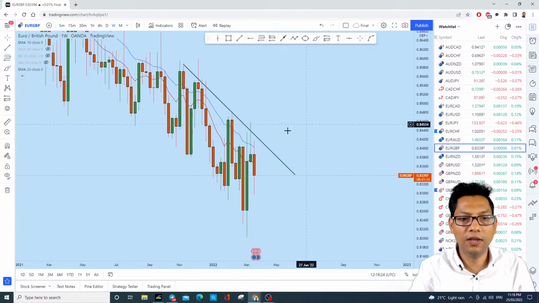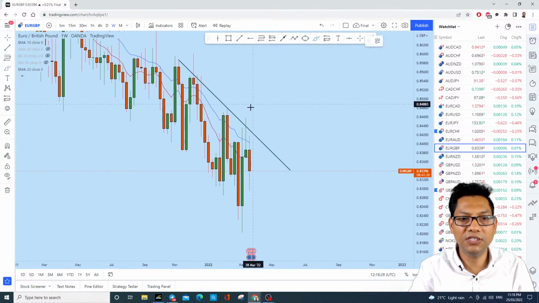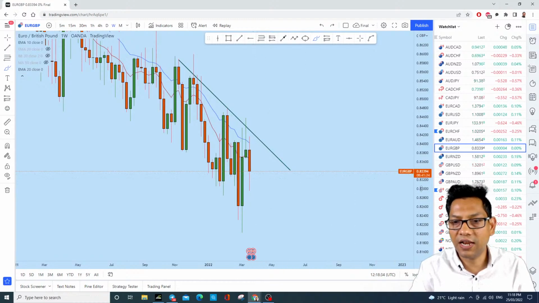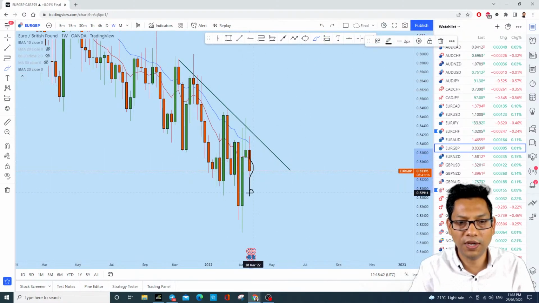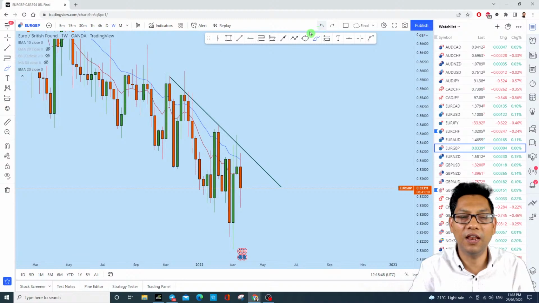The previous week the price almost penetrated this resistance, and then sellers pushed the price down. Now, this current week, the price is here and this is a bearish candle. The market opened, the price went here and then went up for a retracement. I think Euro GBP is likely to drop further.